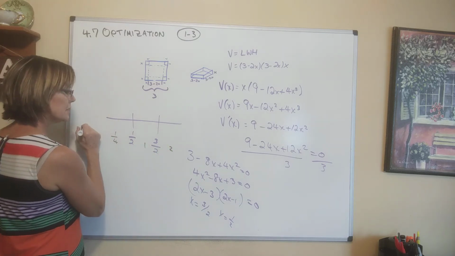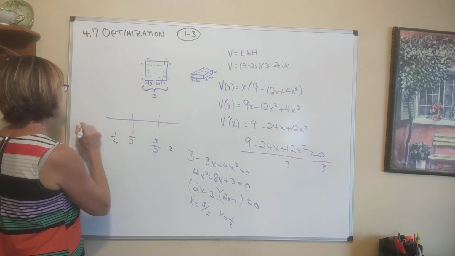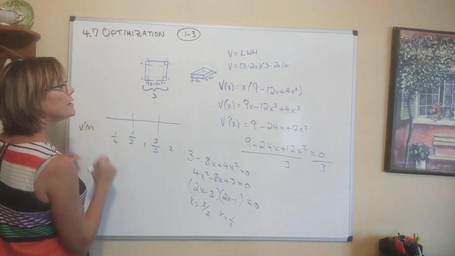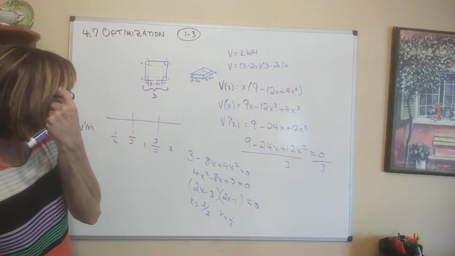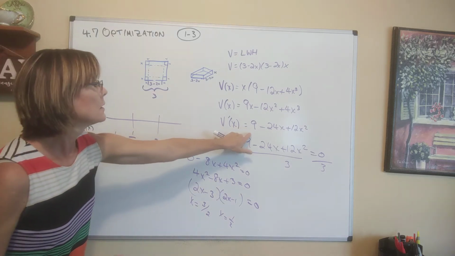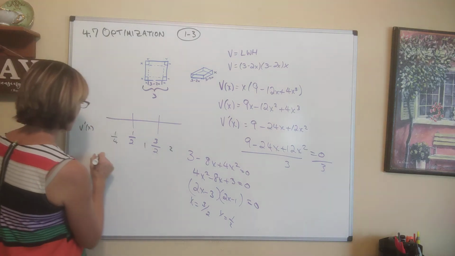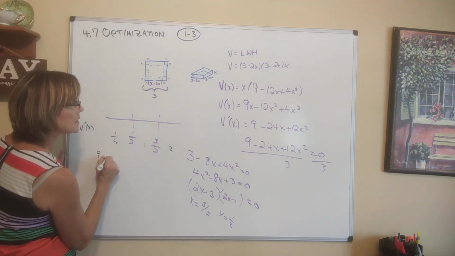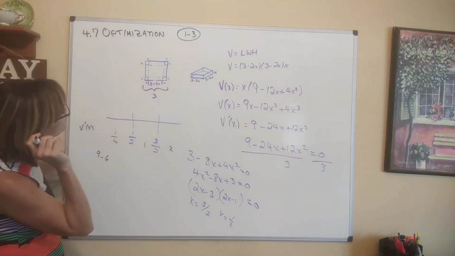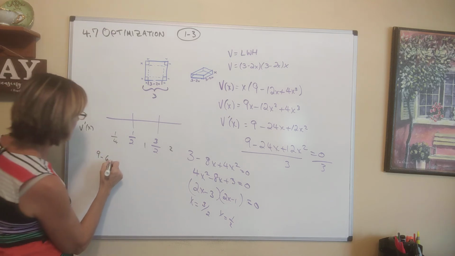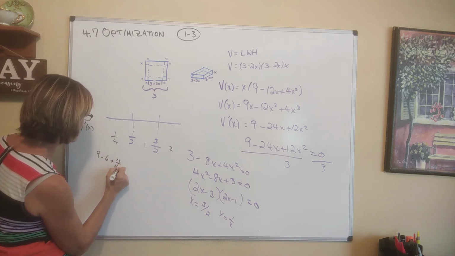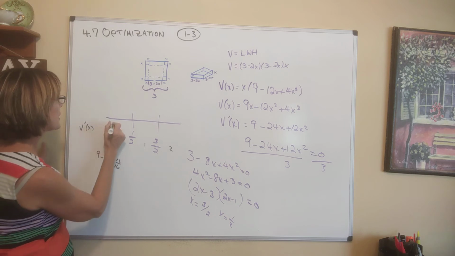And what we're going to plug these into is the derivative, V prime of x. So when we stick in 1/4, this is 9 minus 6 plus 12 over 16. We get 3 plus a positive number. We get a positive here.